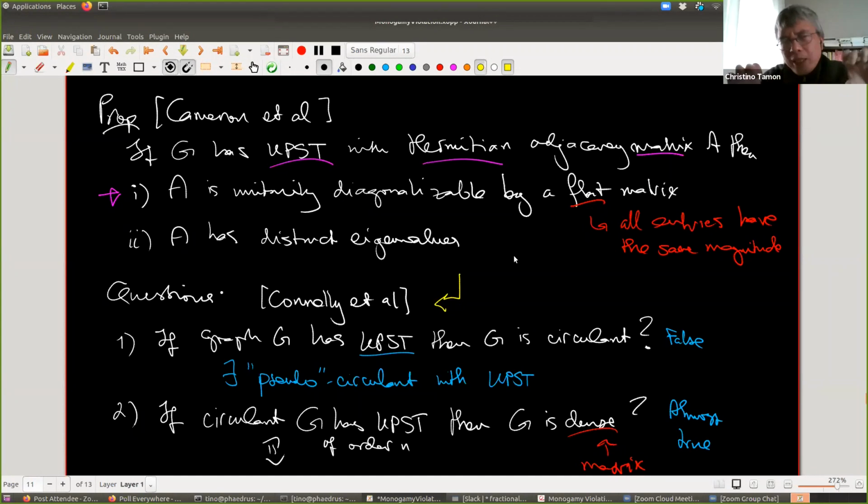There is an equation that has to be satisfied that depends on the flat entries in that flat matrix. So there is this condition that can be checked. I see. Okay, I'll take a look at that paper. Yeah, I can point you to that condition. Okay, thanks. Good question.